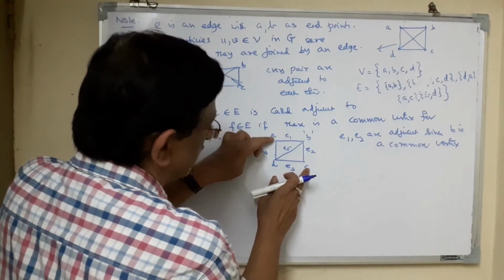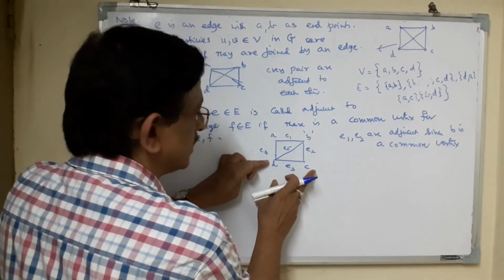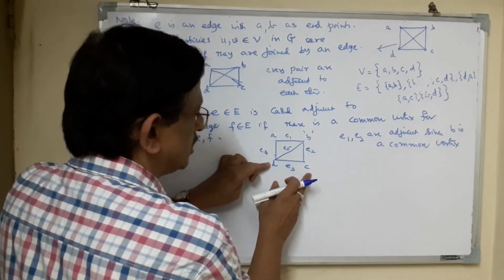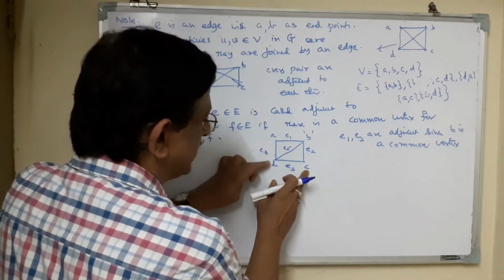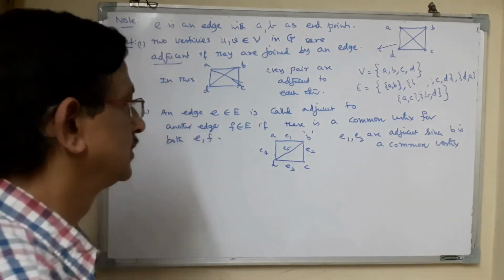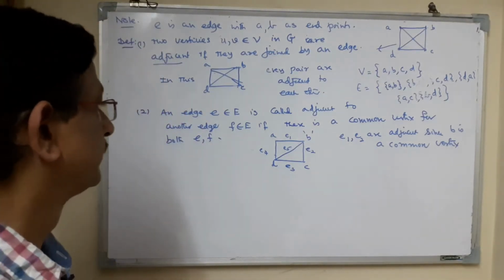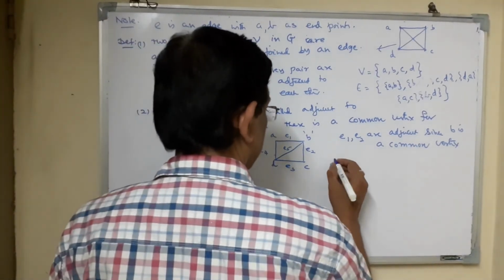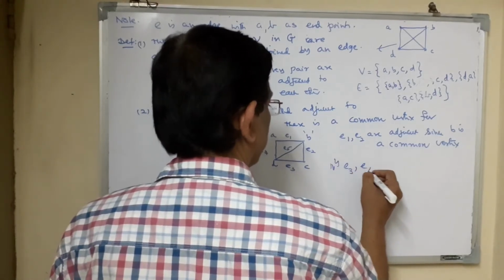Similarly, for A and C, D is a vertex which is common for E3 and E4. So E3 and E4 are adjacent.